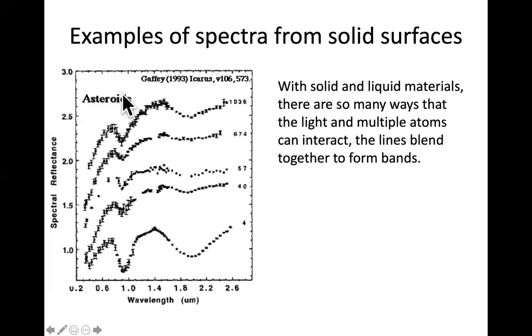For example, here are some spectra, again, brightness versus wavelength, of asteroids. All of these show a dip around 1 micron, and another dip around 2 microns. This is typical of silicon materials, things made out of silicon and oxygen.